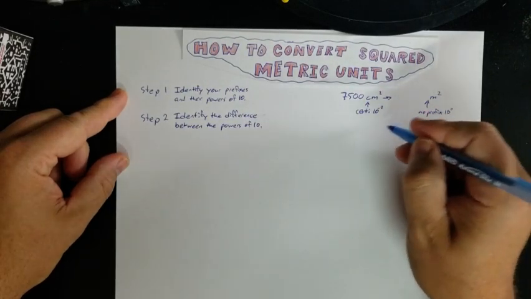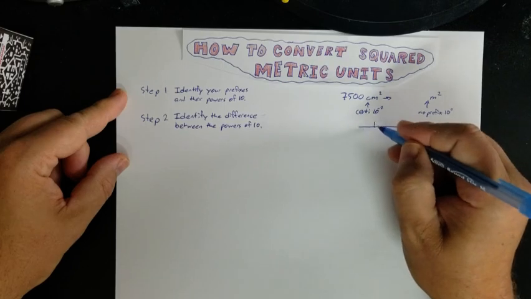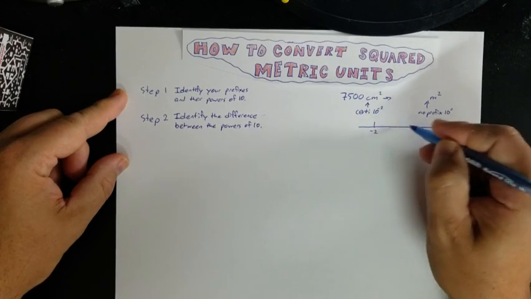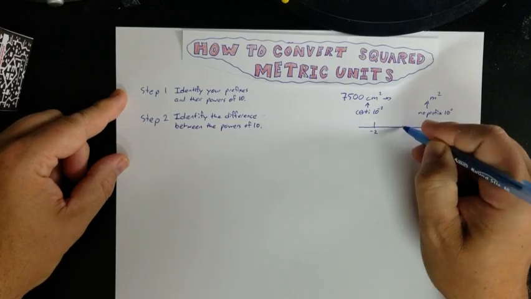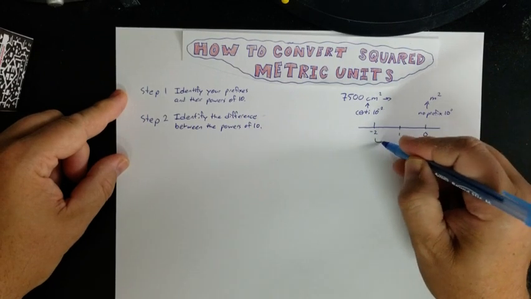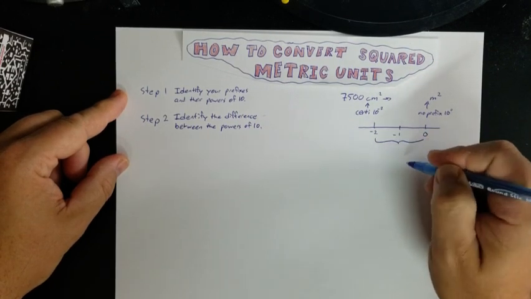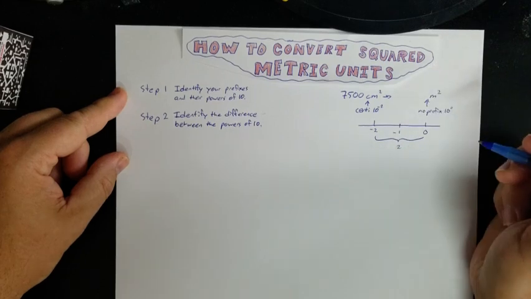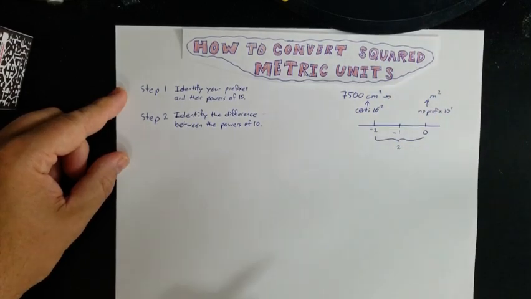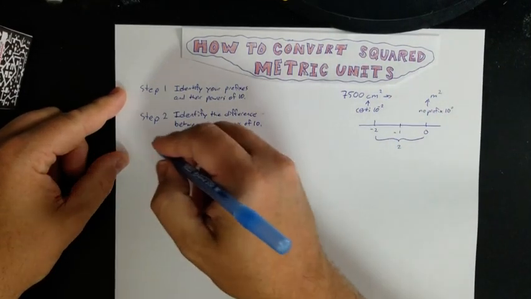So you kind of think of this as on a number line. Here we have negative 2, and here we have 0. So that's a difference of 2. You don't have to draw the number line, it's just handy to visualize it.